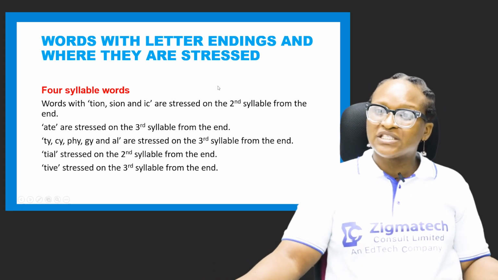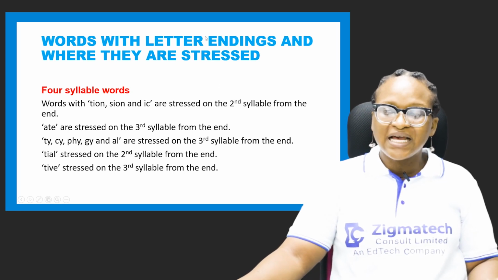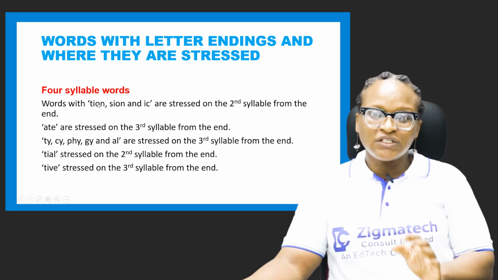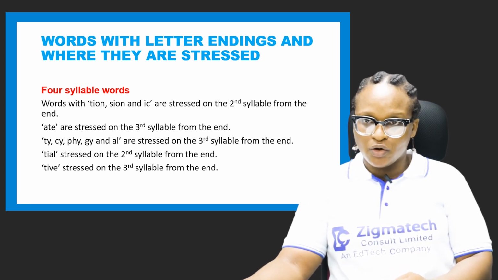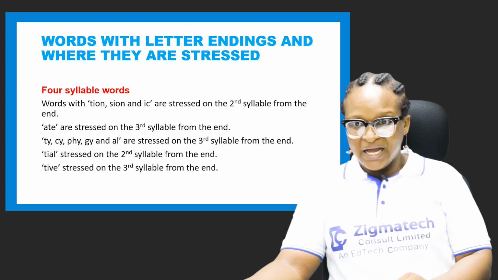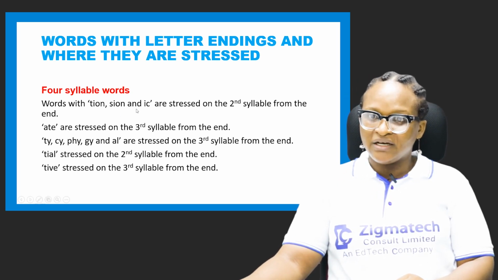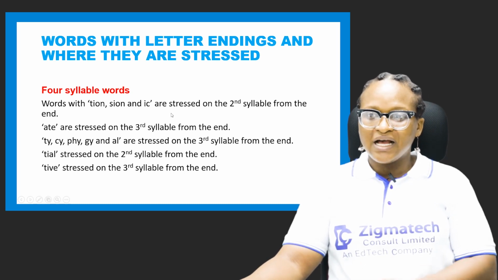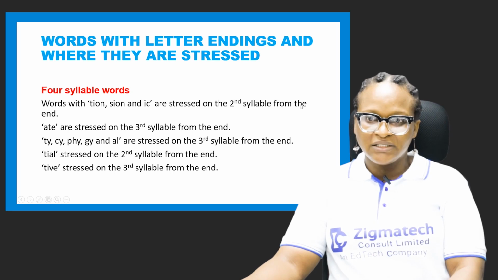So let's look at words with letter endings and where they are stressed. It's just a handful of them, right? So we'll do more research on our own, indicate them, and run with it. So words with T-I-O-N, S-I-O-N, and I-C are stressed on the second syllable from behind.